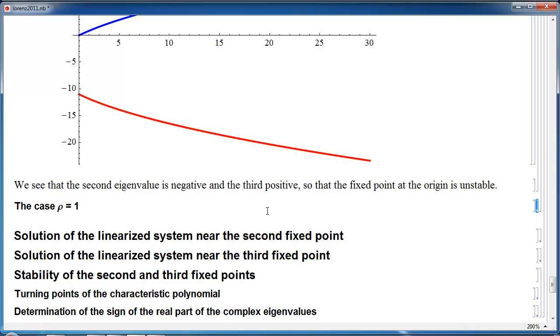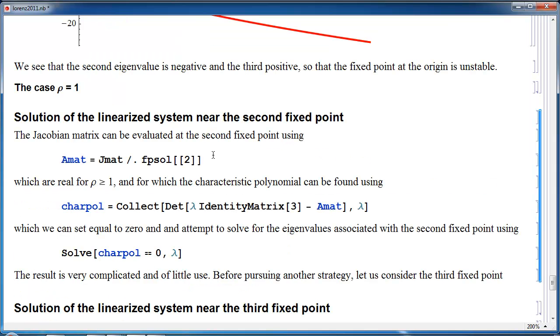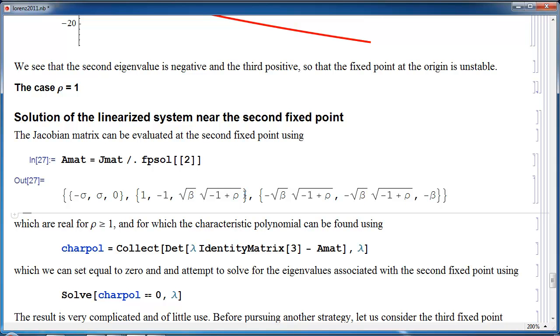Anyway, so now we go to the second fixed point, and we evaluate the Jacobian matrix at the second fixed point, and there it is there, and we can see that this matrix is real provided rho is greater than 1.